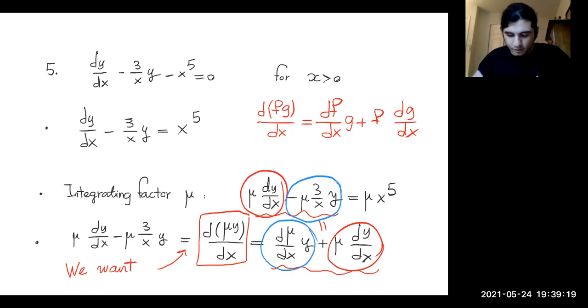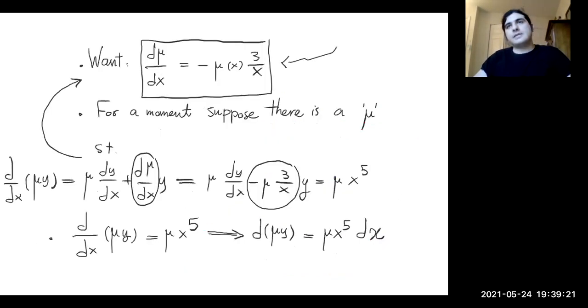That's what we are hoping for. So this is what we want. This is the equation which we have here. Now, for a moment, we assume that there is such a function, right? Before really checking if we can solve this one or not, I'm just assuming there is such a function.